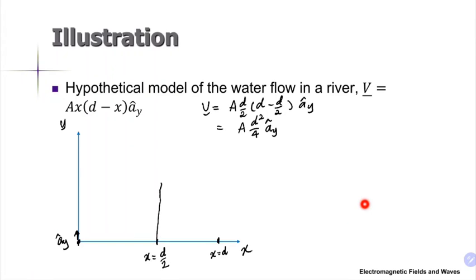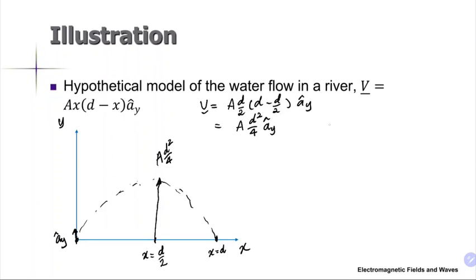That is my A d squared over 4. Going away from this, it's going to start to reduce and then go to 0 right at the bank of my river. So that is how the velocity of the water varies along a river.